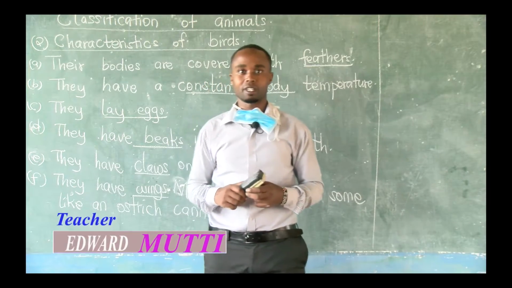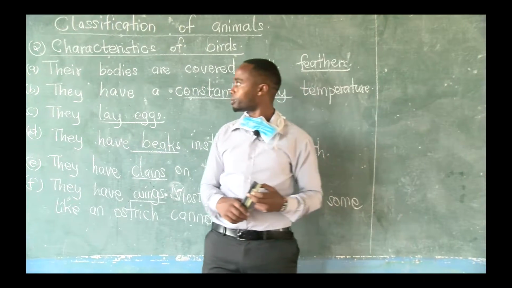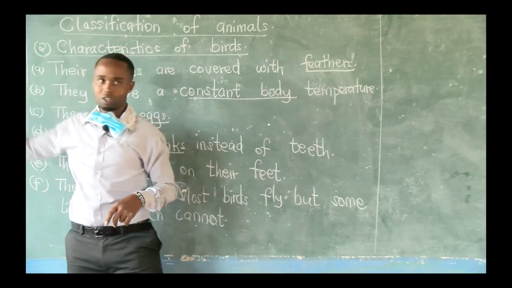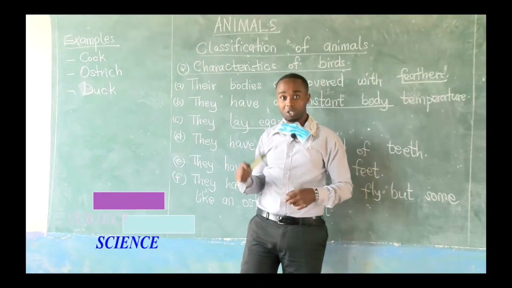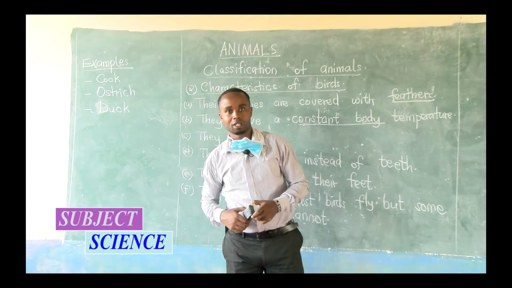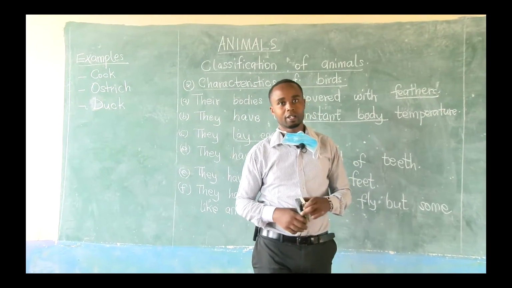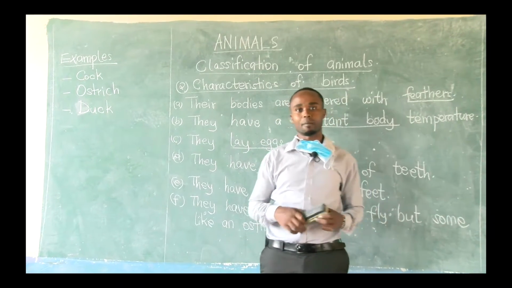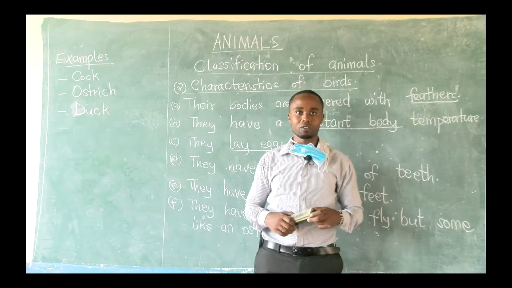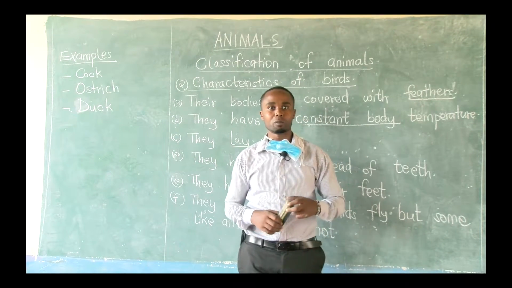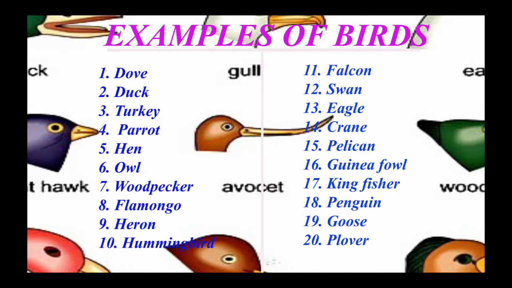I've heard some of you talking about birds like a cock, chicken, an ostrich, and also we have a duck, turkey, and many other birds. So you can look at the list that I'm giving out to you, read those names. Those are examples of birds that we have. Read them one after the other.